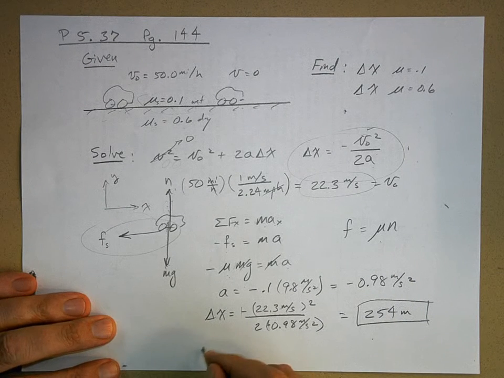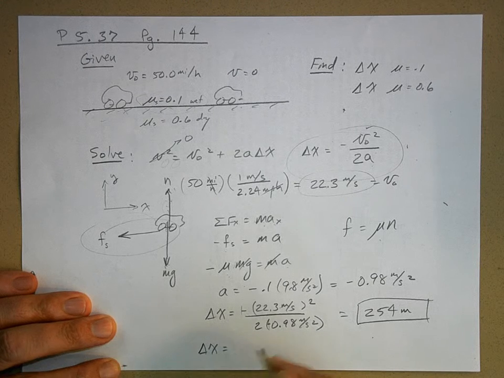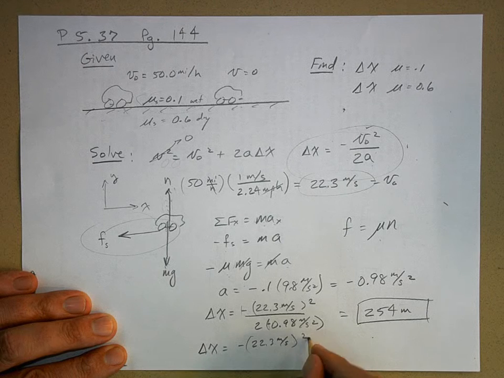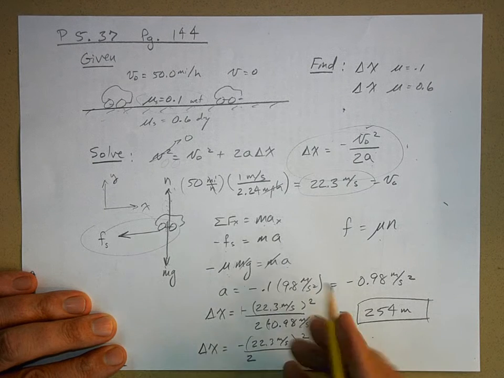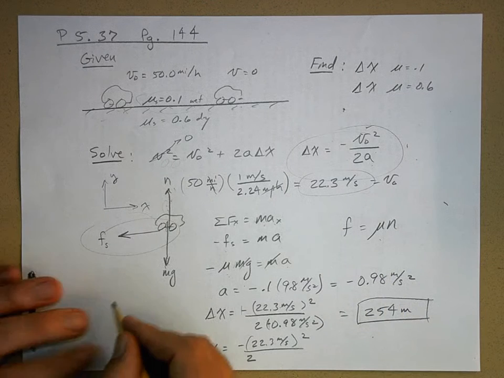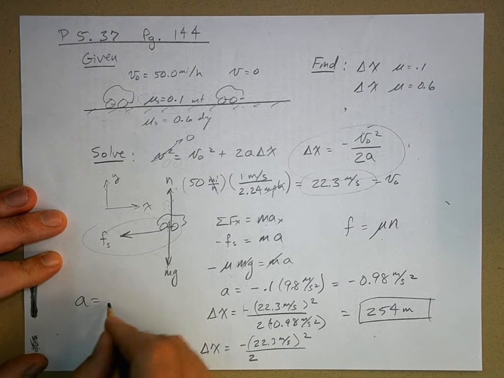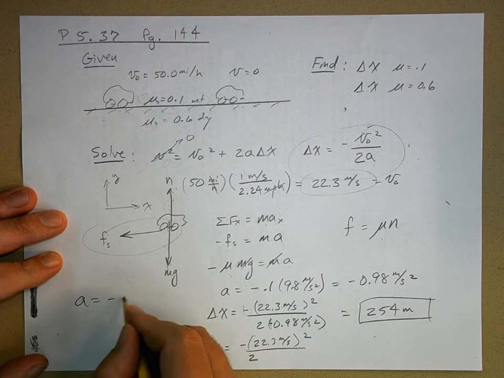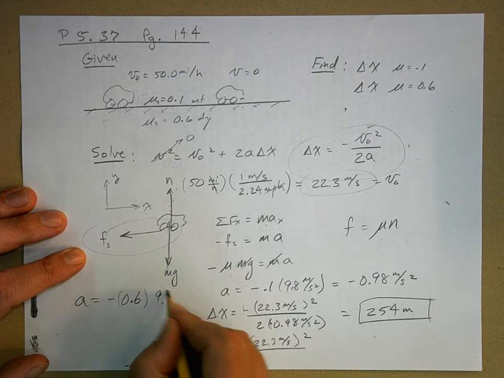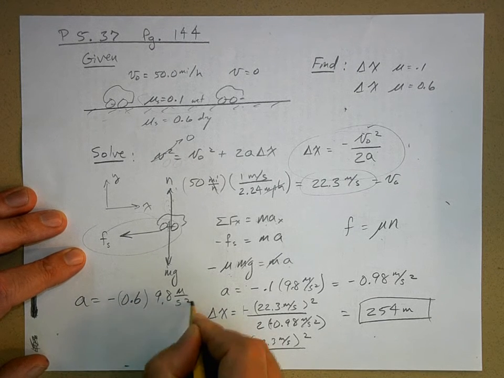Now, delta x for the next part is going to be negative 22.3 meters per second, quantity squared, over 2 times the acceleration. Now, what is this acceleration? It's going to be 0.6 times 9.8. So in other words, a is going to be equal to negative 0.6 times 9.8 meters per second squared.